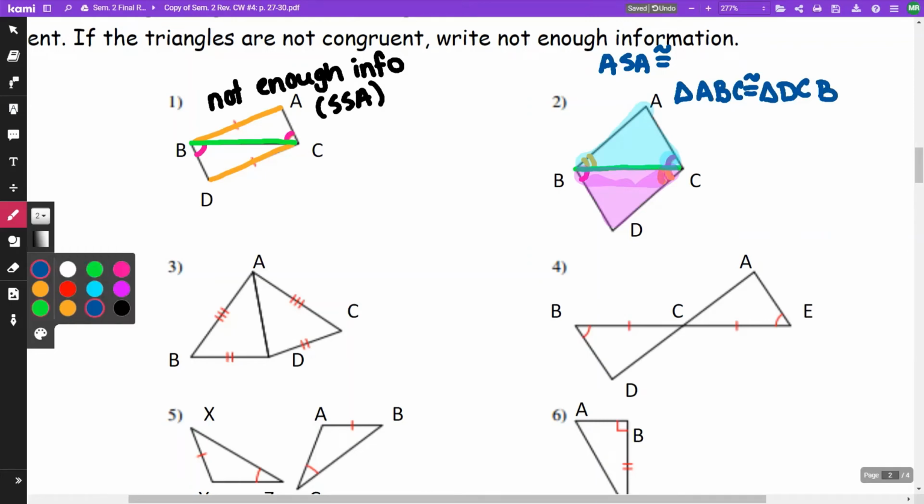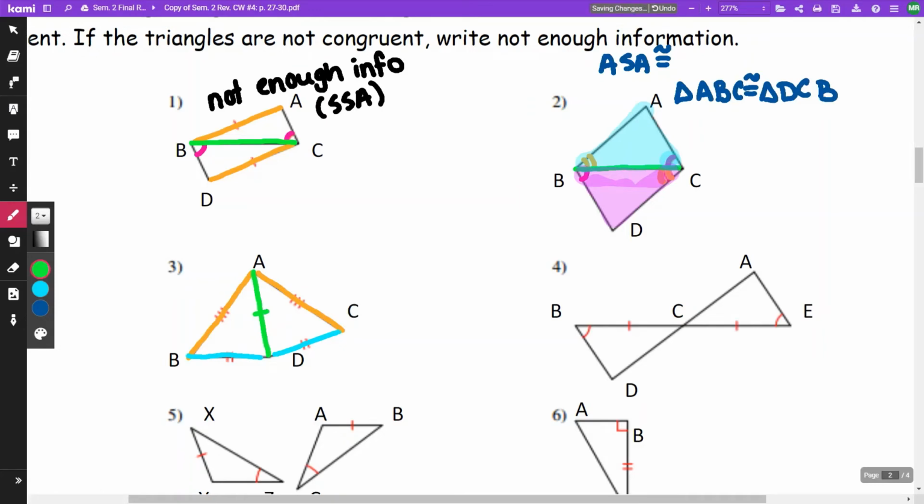On number 3, I have this side here, AB, which is going to match with this side here, AC. I have this side here, BD, is going to match with this side here, CD. So I have two sides. And then again, I have this side by the reflexive property, which has been in all 3 of these, that is going to be the same in both situations.